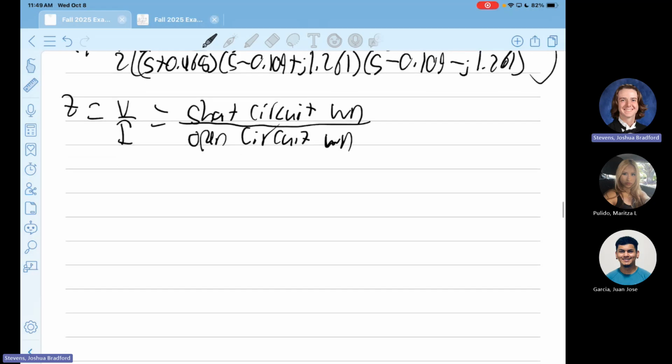I'm going to write those out. The driving point impedance is the overall impedance of the circuit, and the driving point admittance is the overall admittance of your circuit, the opposite of impedance.